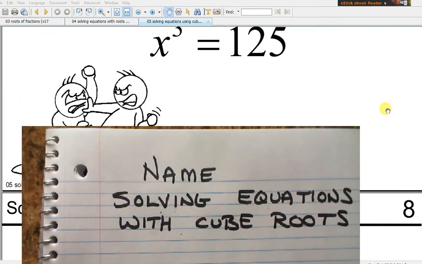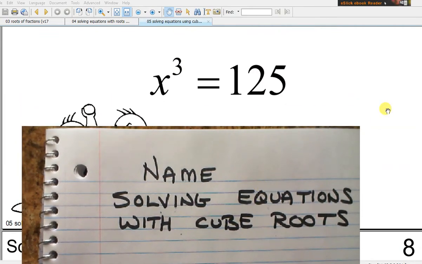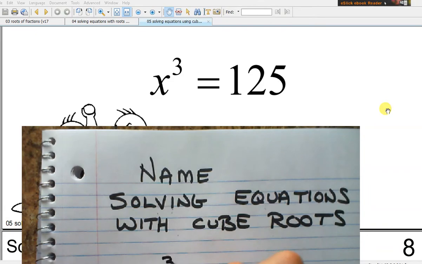And our first example is right here: x to the third equals 125.